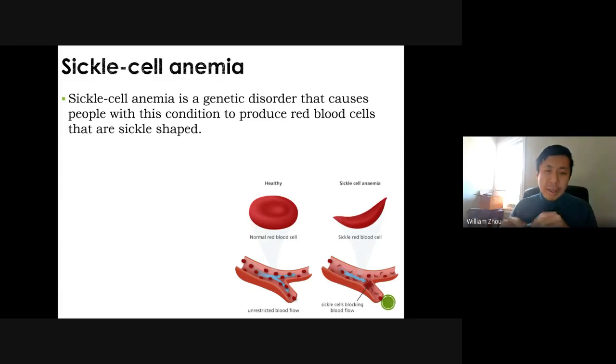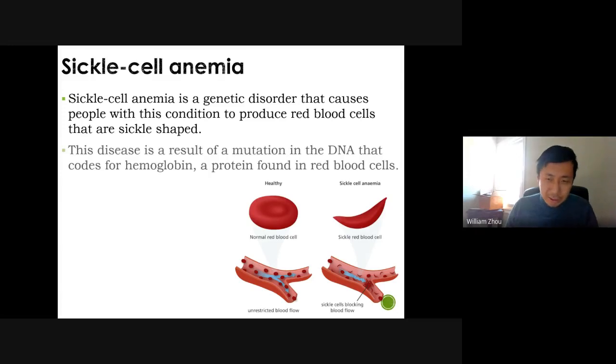But if you have this condition, your red blood cells are sickle-shaped. That has some effects on your body. Well, first, you are terrible at carrying oxygen, which is the primary function of the blood. So you suffer from anemia, a lack of blood or oxygen.